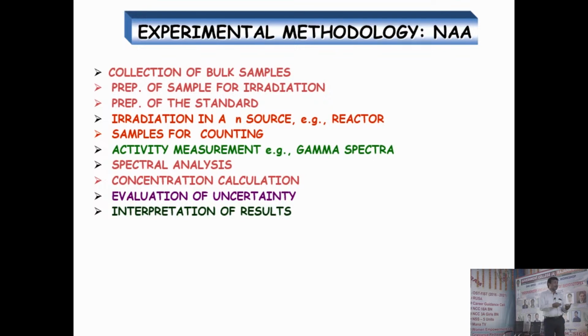From the standard activity we can correlate the concentrations. Then the irradiation source, like a reactor or isotope source, the samples for counting, activity measurement like gamma spectra, spectral analysis, and concentration calculations using the formula given in the previous slide. Then also evaluation of uncertainty, which gives more confidence in the values you are giving.